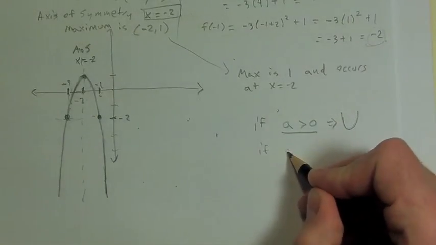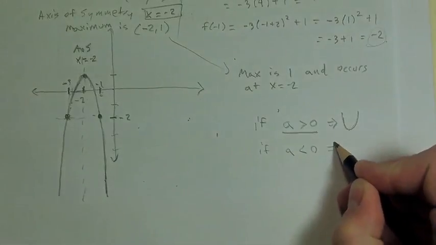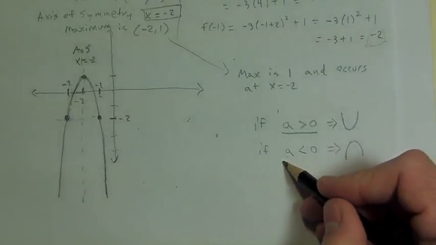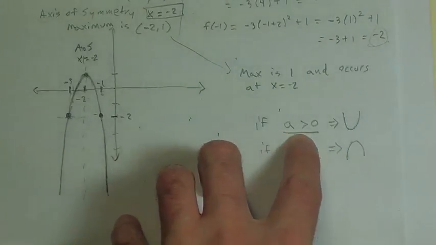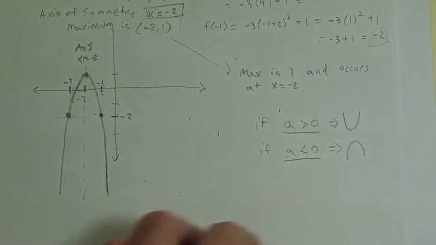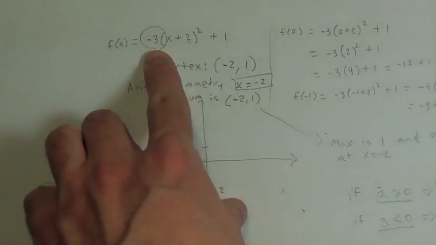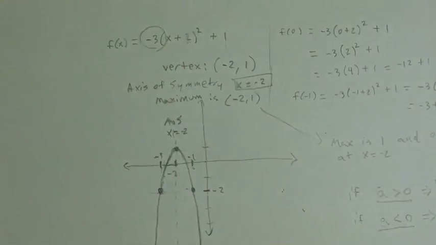If A is negative, we get the frowning face, right? That positive smiling, negative frowning, comes straight from whether we have a positive or negative out front here.